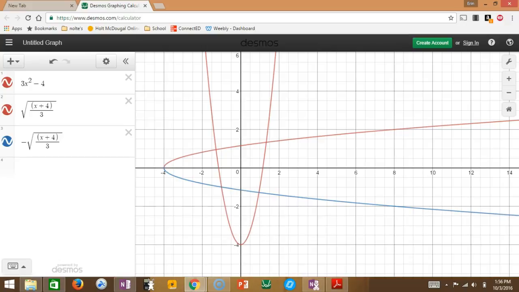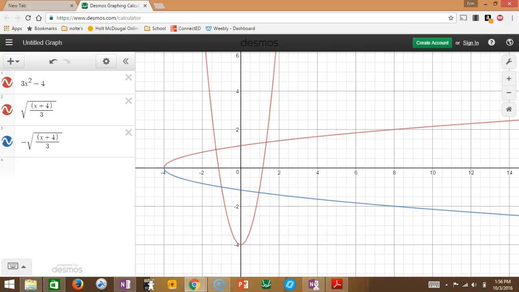So remember the vertical line test? What does the vertical line test tell you? Say the last part. Then it's not a function. So is the inverse a function?